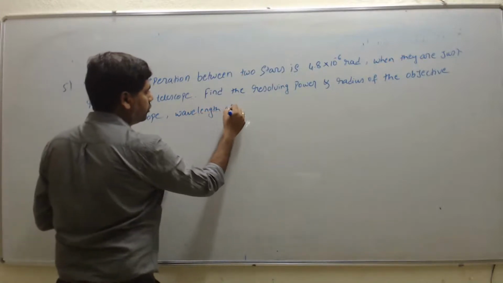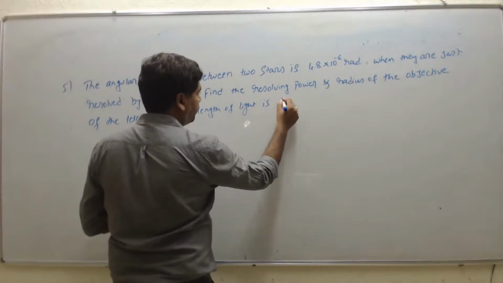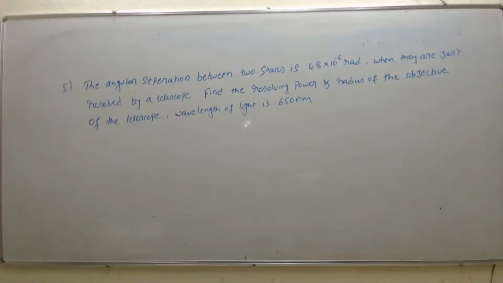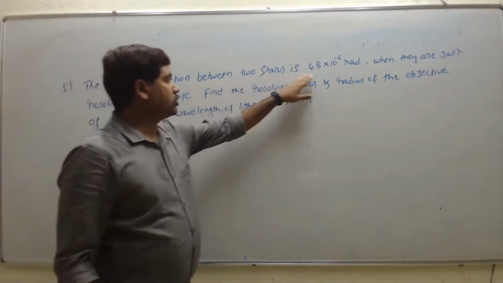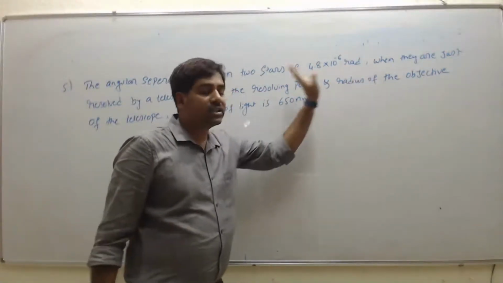The wavelength of light is 650 nanometer. Right? So here they give the angular separation between two stars as 4.8 into 10 to the power of minus 6 radians when they are just resolved.